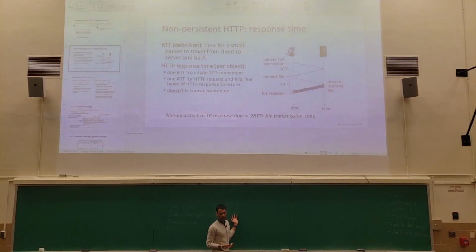For every single object, it has to form a TCP connection. That's one T, and then one more T to send the GET request, get the first byte, and then fetch the object. So that's HTTP 1.0's time.